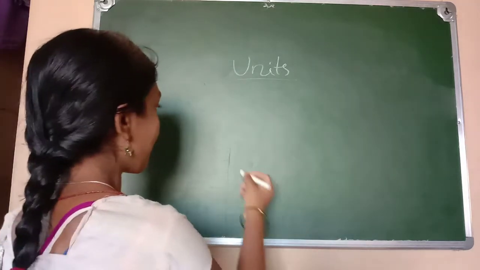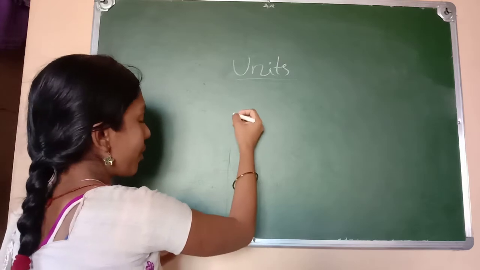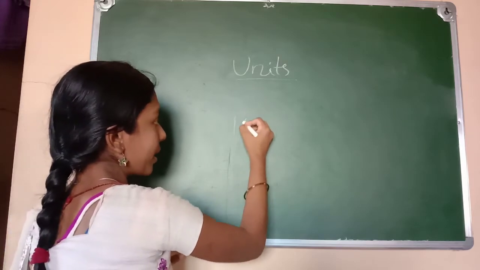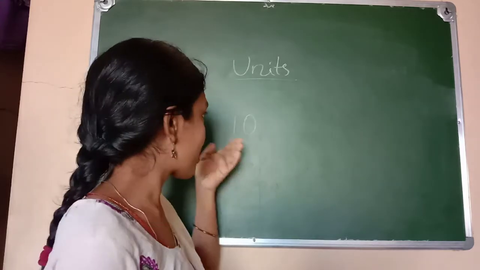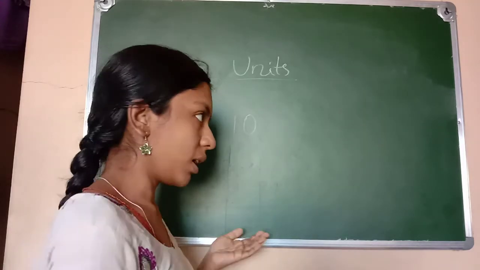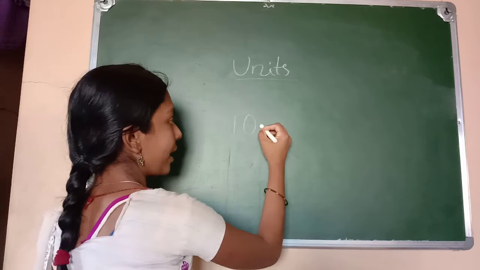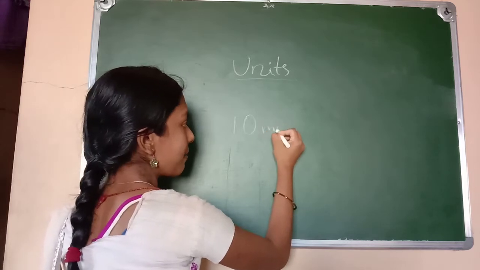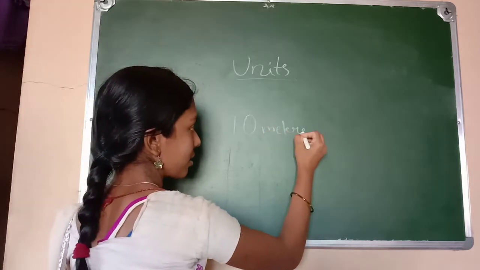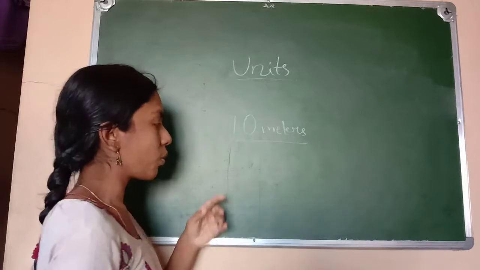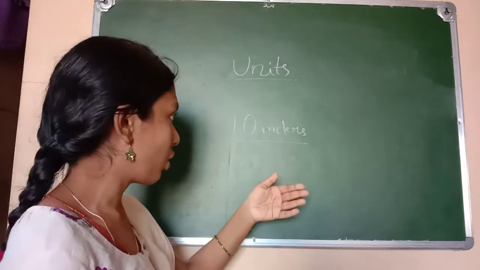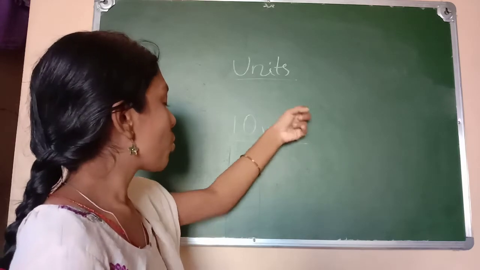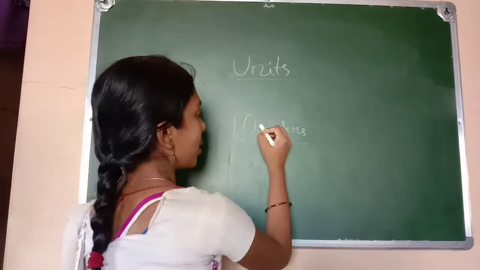For example, when you just write a number 10, what does that mean? Nothing. It is just a number 10. But if you write a unit, 10 meters, what does this mean? Meters represent length.